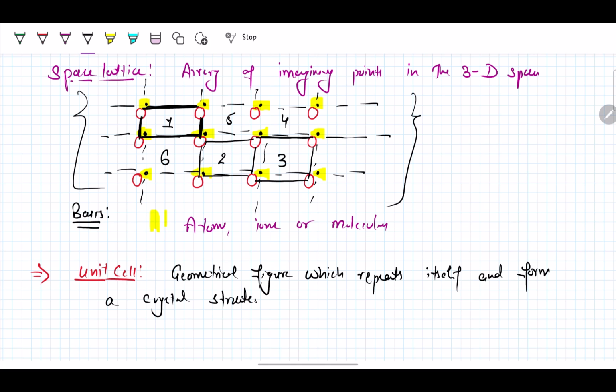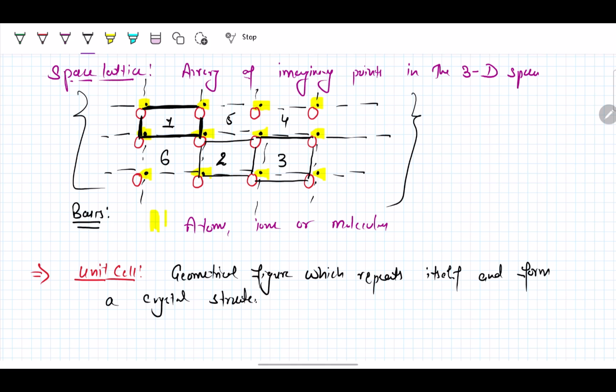Why do we use the word repeat? Because the dimensions of unit cell 1 are exactly the same as the dimensions of unit cell 2. That's why we call it a geometrical figure which repeats itself in space in 3 dimensions to produce a crystal.